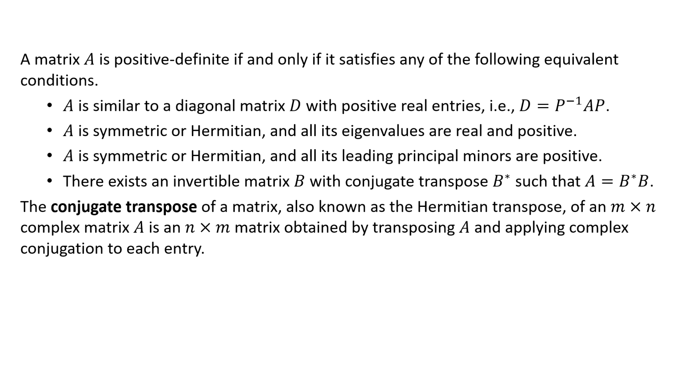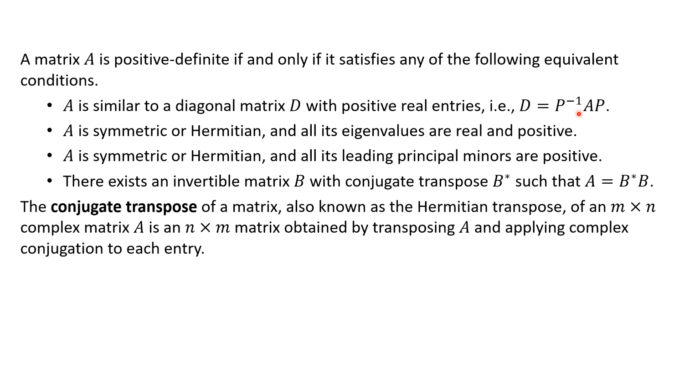I have some results on this page that I'm going to state without proof. A matrix A is positive definite if and only if it satisfies any of the following equivalent conditions. A is similar to a diagonal matrix D with positive real entries.